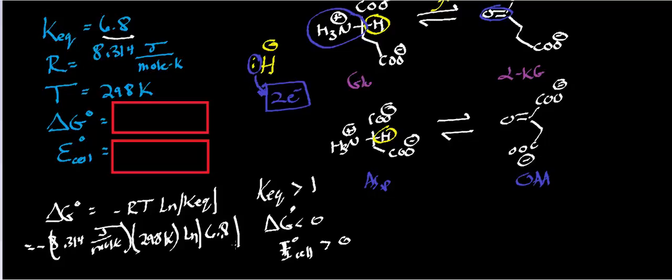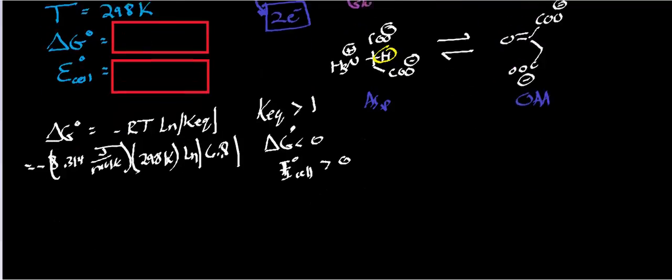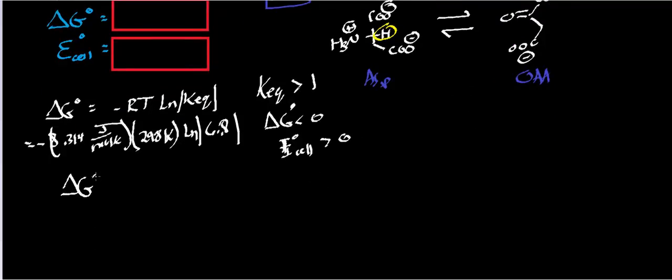So let's do that. I'm going to take the natural log of this constant 6.8 first, times 298 Kelvin times -8.314. And I'm getting that this reaction ultimately has a delta G standard equal to, I'm going to approximate it, -4749, and that's going to be in units of joules per mole.